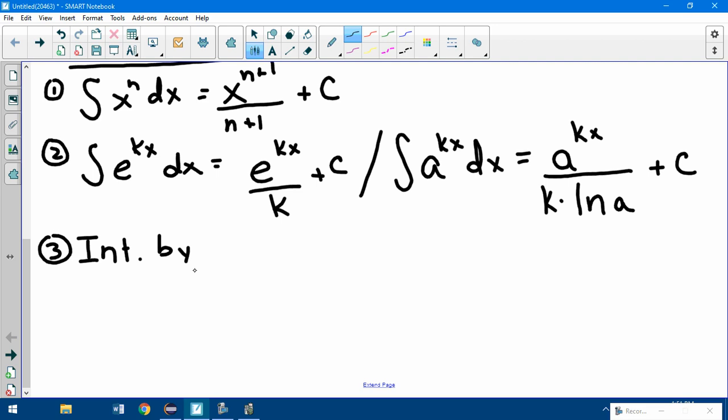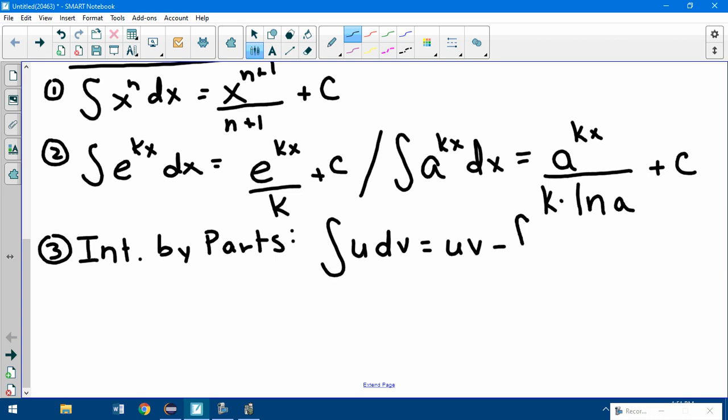Recently, we did integration by parts. That's the integral of u dv, and that's equal to uv minus the integral of v du. You're all doing a nice job with that on the last test.